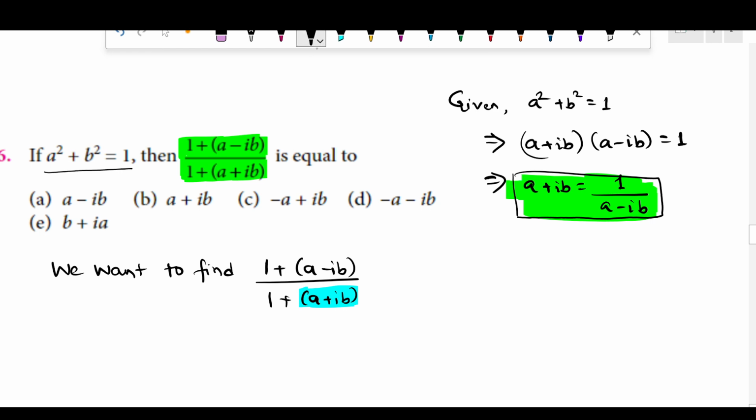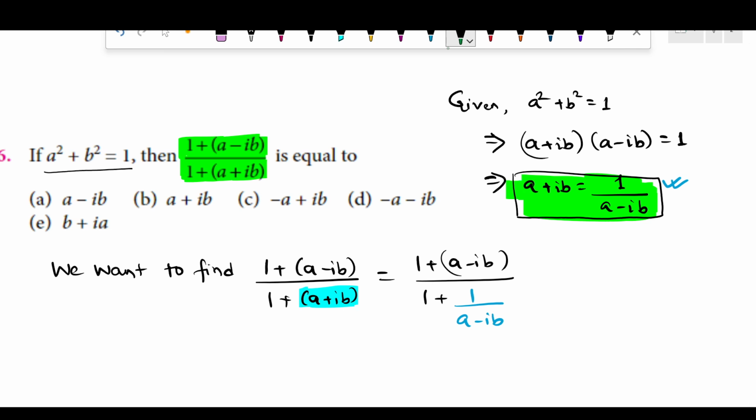See here, this will be equal to 1 plus a minus iota b over 1 plus, in place of a plus iota b, we are going to put 1 over a minus iota b. Is this step clear to all of you?